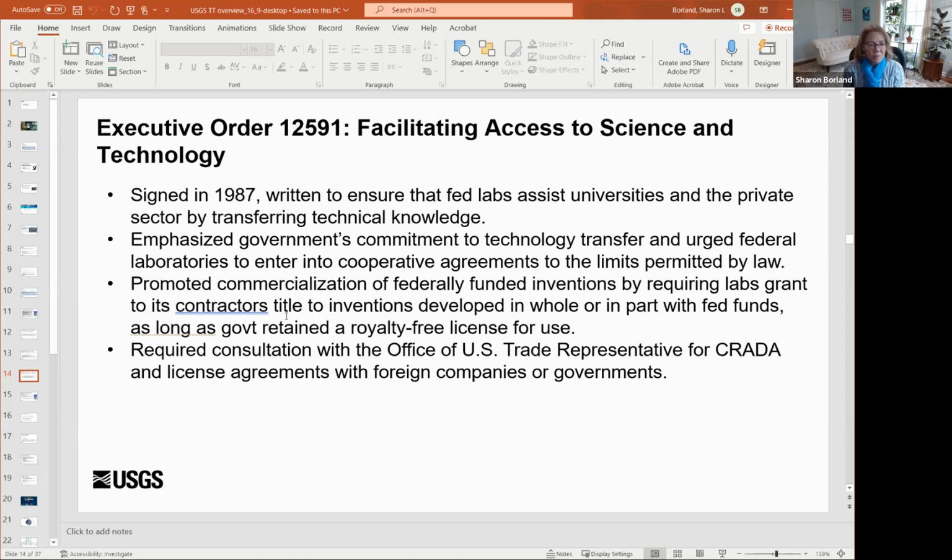It also promoted commercialization of federal inventions by requiring laboratories to grant to its contractors title to their inventions that are developed in whole or in part with federal funds, as long as the government is provided a royalty-free license to use it on behalf of the government. And then it also required consultation with the Office of the U.S. Trade Representative for any CRADAs or agreements done with foreign companies or foreign governments.